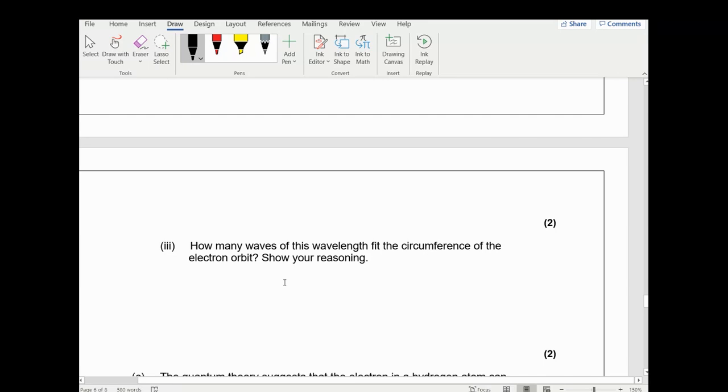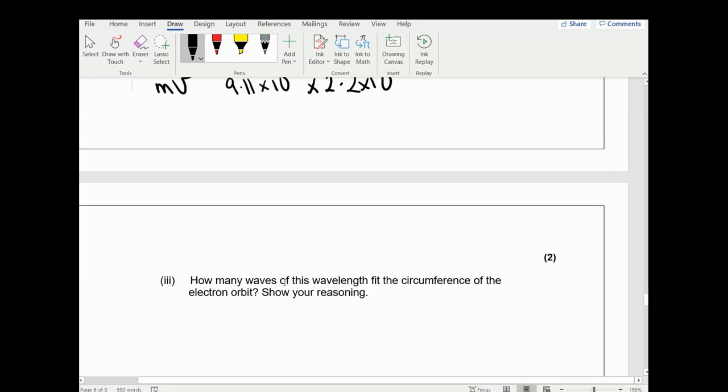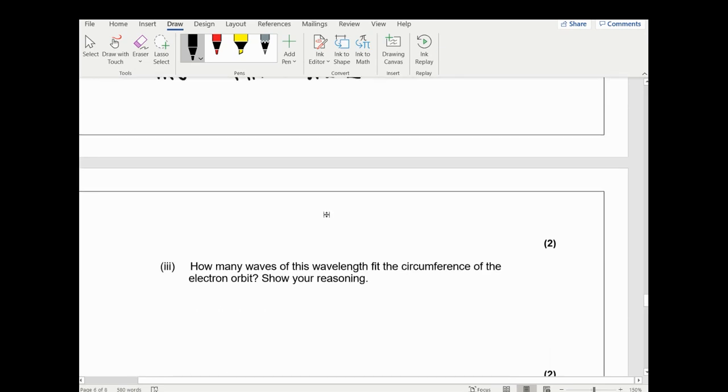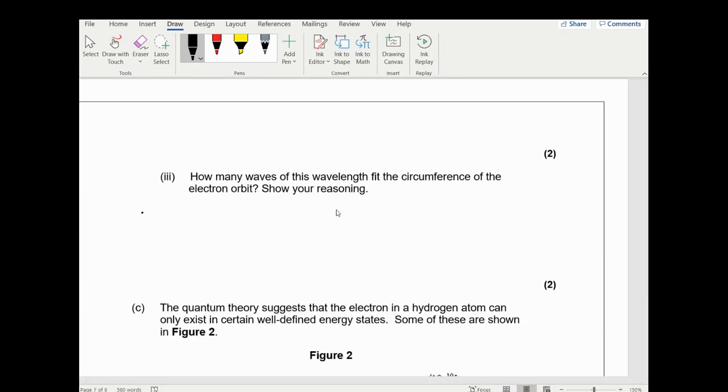How many wavelengths fit into the circumference of the electron orbit? Show your reasoning. Okay, so I know that a wavelength is going to be 3.3 times 10 to the minus 10 meters. The circumference equals 2 pi r.